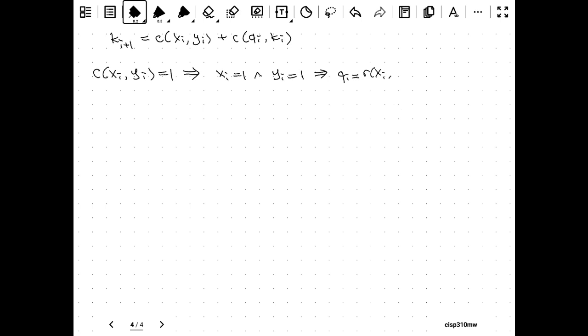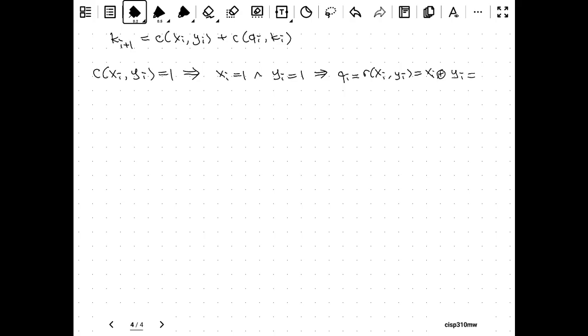It's the R of xiyi, but in base 2, it can also be seen, from the previous page, as the exclusive OR between xiyi. We worked on this before.